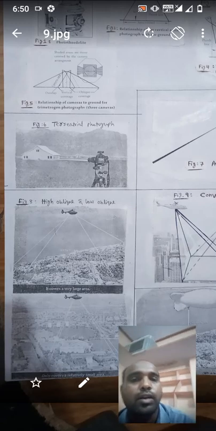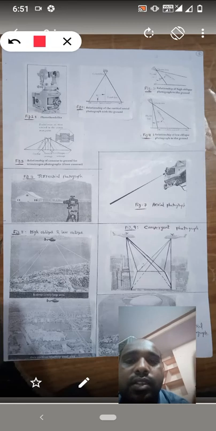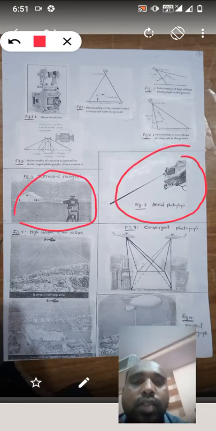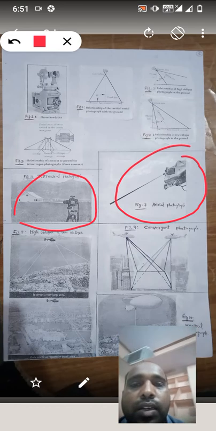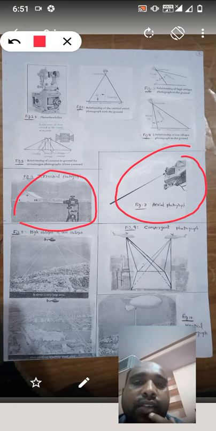These are taken from the air. Terrestrial indicates photographs taken only from the ground. So that's why one is called aerial photograph and the other terrestrial photograph.